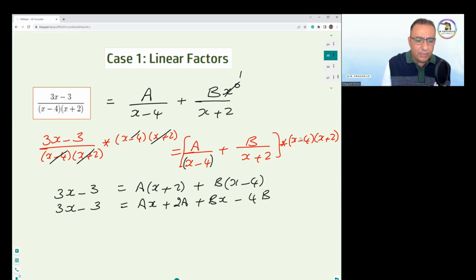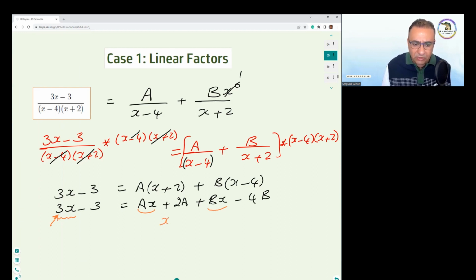So now we can compare the coefficients. What is the coefficient of x on the left hand side? This is the coefficient here, which is basically 3. Now the coefficient of x on the right hand side, if you take x common factor between these two terms, you will end up with a plus b.